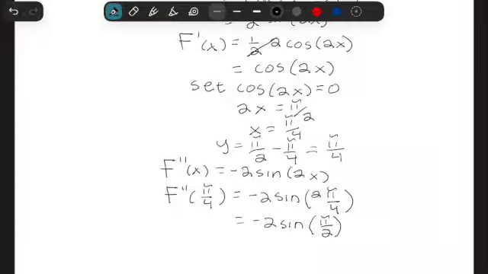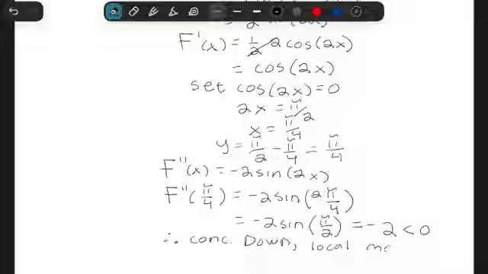We know that sine pi over 2 is 1, so this just equals negative 2, which of course is less than 0. Therefore, this is concave down, which means it is a local max, which is what we want.